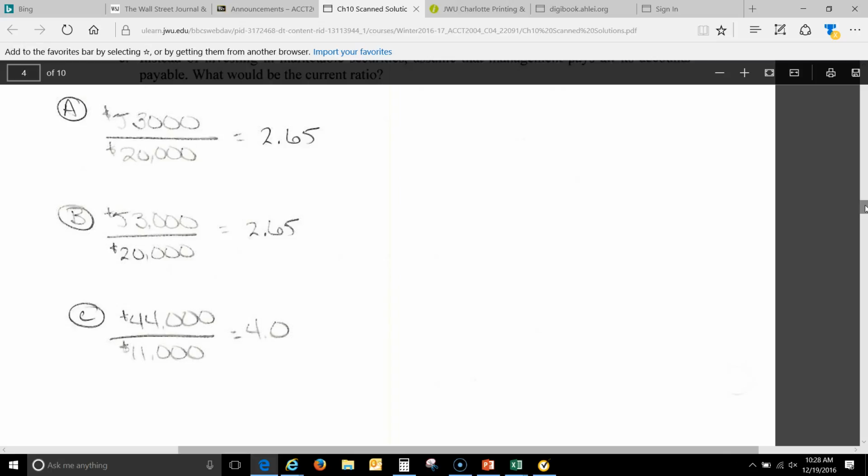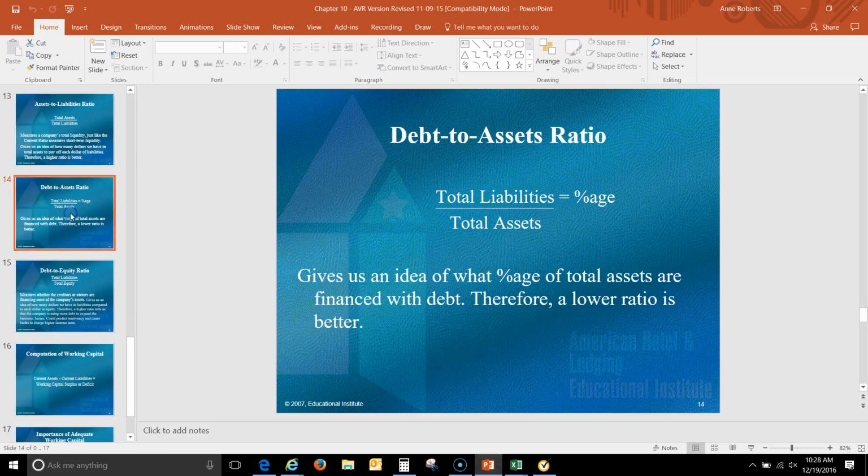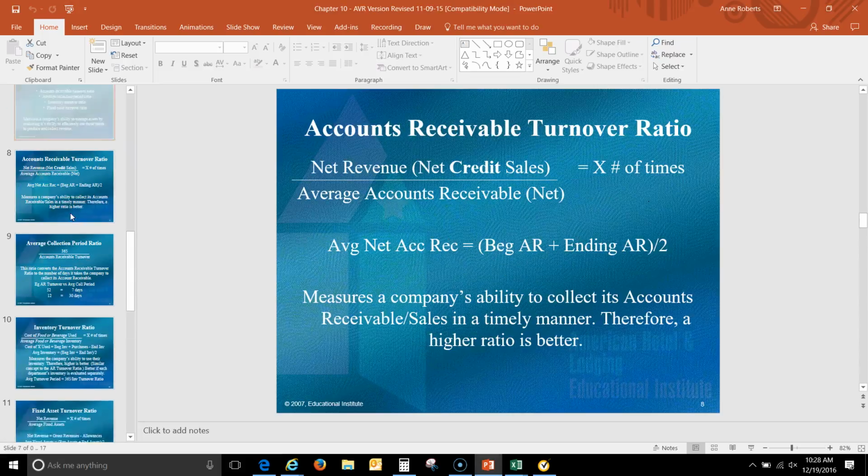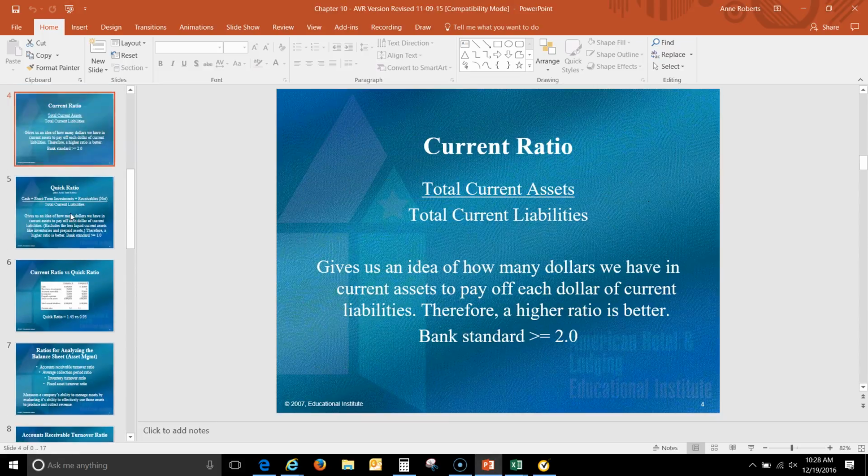I'm confused. Is that good or bad? It's good. It's a lot better, because we paid it off. Wait, go back to current ratio. We said current ratio is current assets over current liabilities.